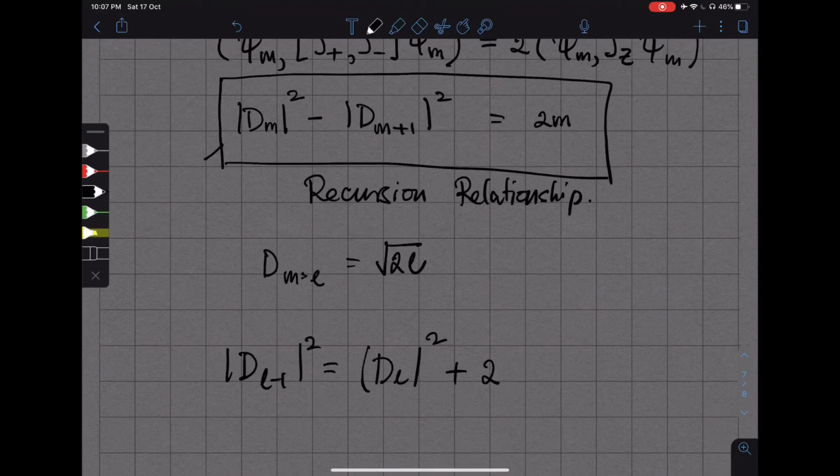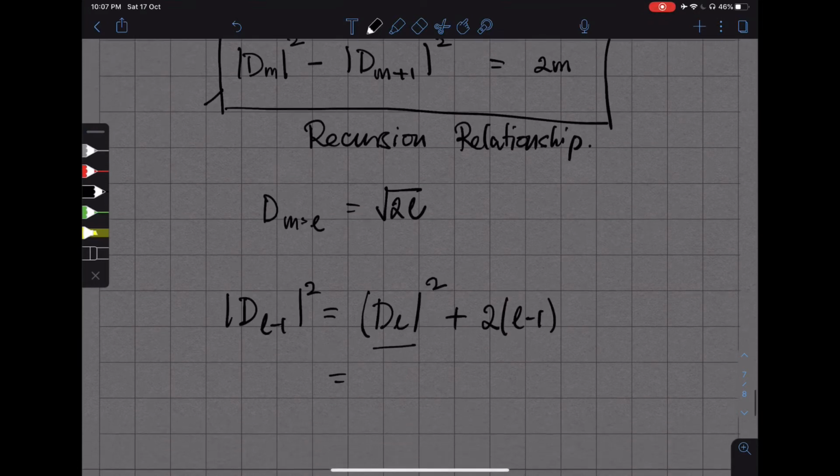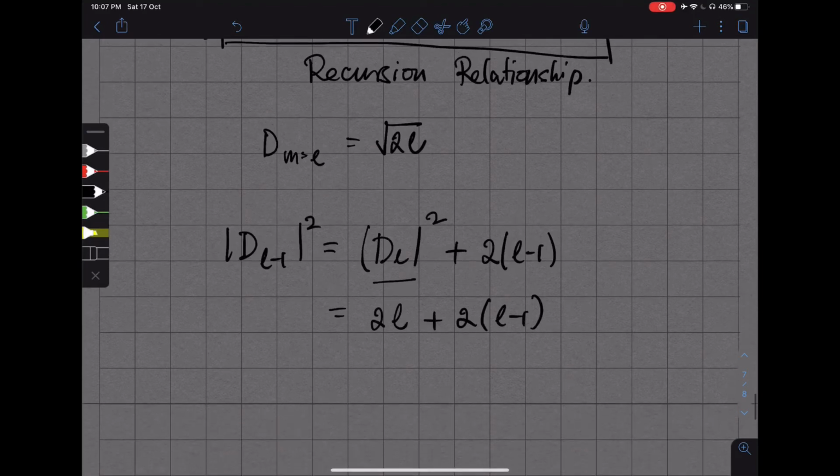What is the value of m here? The value of m here is L minus 1. And what is D_L squared? This thing is simply 2L. So we have 2L plus 2 times (L minus 1), so that means I have 2 times (2L minus 1).